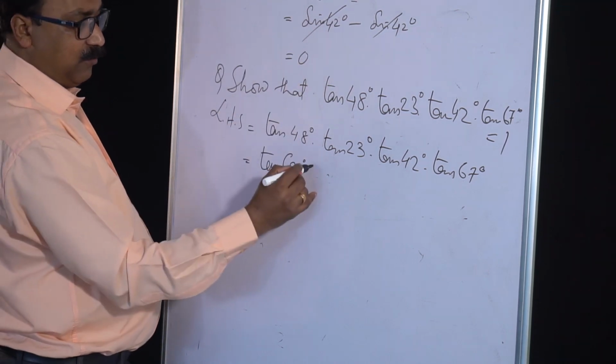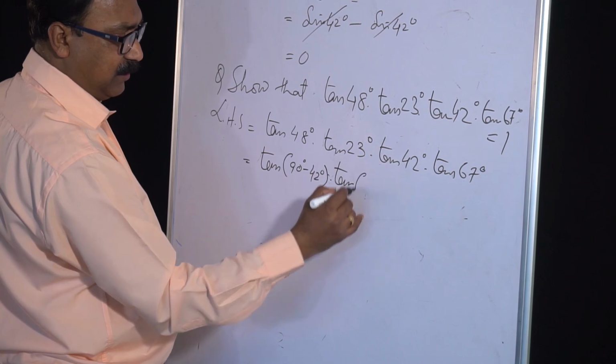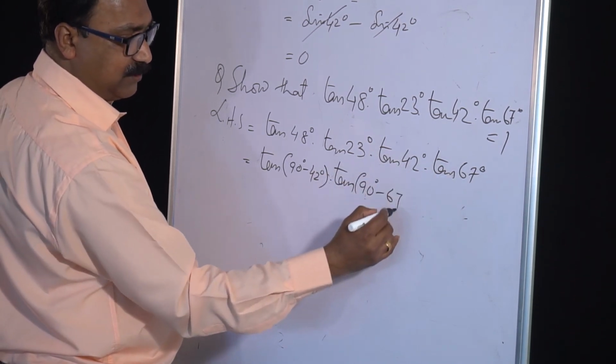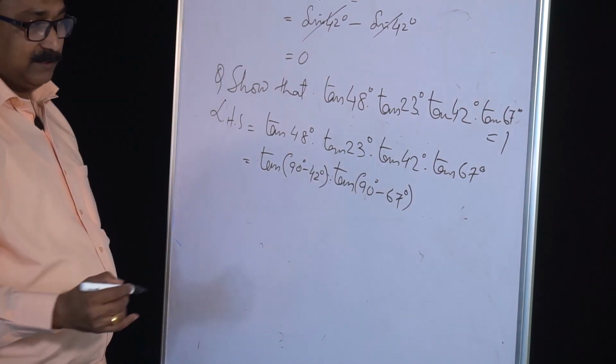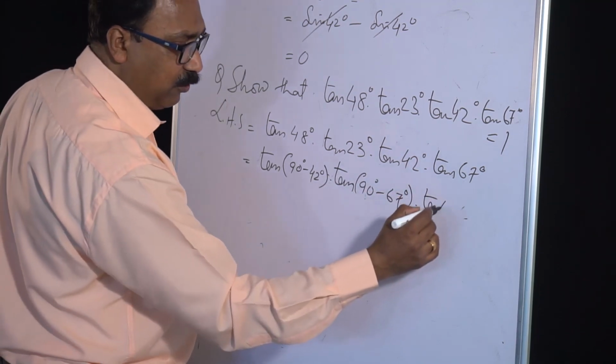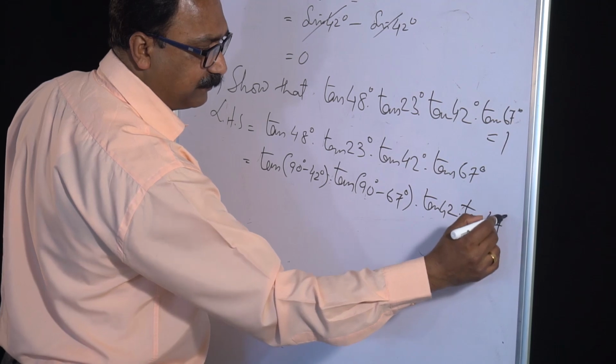We already know 42. And here if we change tan, 90 minus how much is 23? 67. You can check in the graph also, it will come like that. Then these two keep as they are because these two values are used. So 42 into tan 67.